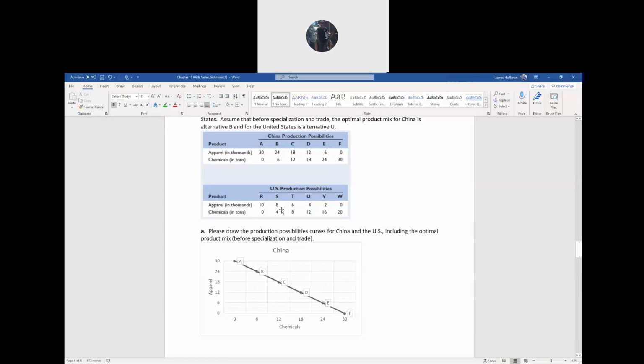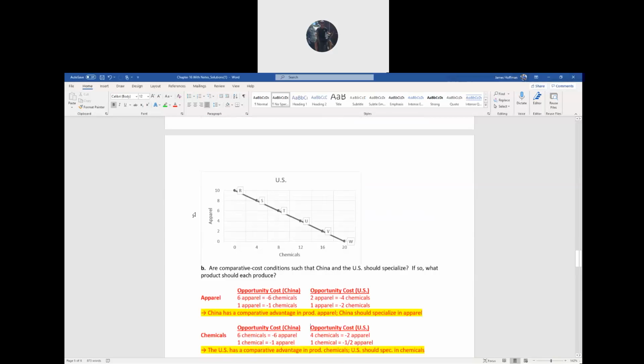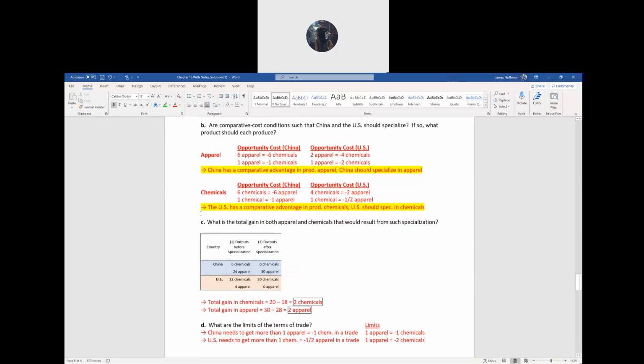Every time they produce 4 chemicals, they give up 2 apparel. So +4 minus 2, which means that 4 chemicals equals -2 apparel. If you divide by 4, you get 1 chemical is equivalent to giving up half an apparel.